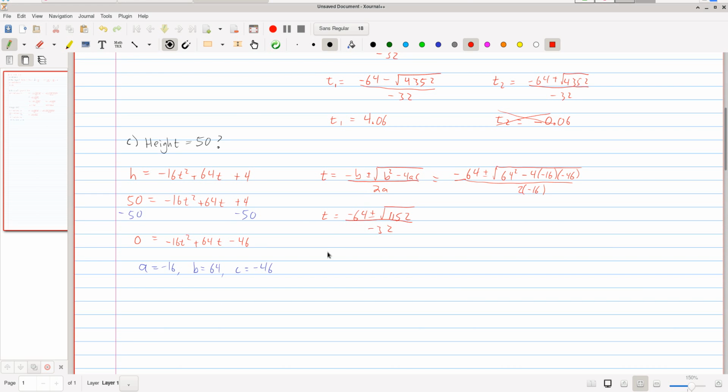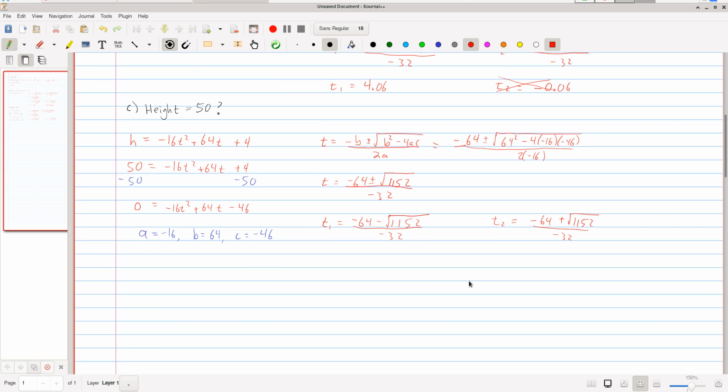So just like we did before, we have two separate time values. The first one, we're going to choose the minus sign. So negative 64 minus radical 1152 over negative 32. And for our other time value, we'll choose the plus. Negative 64 plus radical 1152 over negative 32. Now, if you decided to use the plus first and the minus for the second time value, it doesn't matter, as long as you have them both.